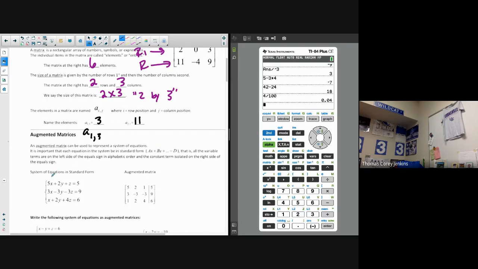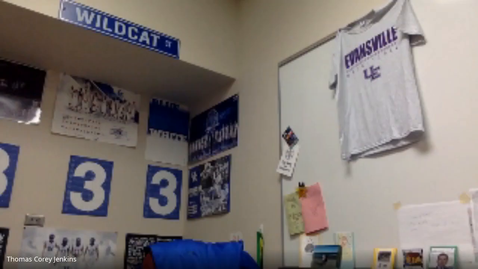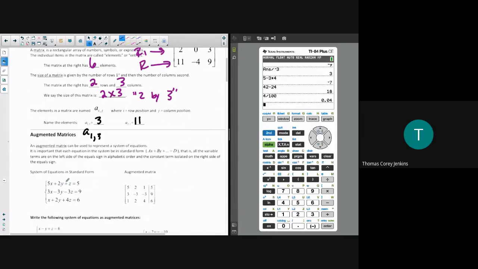Another important thing, going from systems into an augmented matrix, right? You can see that if we just look at the top equation compared to the top row, we're just taking the coefficient of each term and letting that be the element of the matrix.